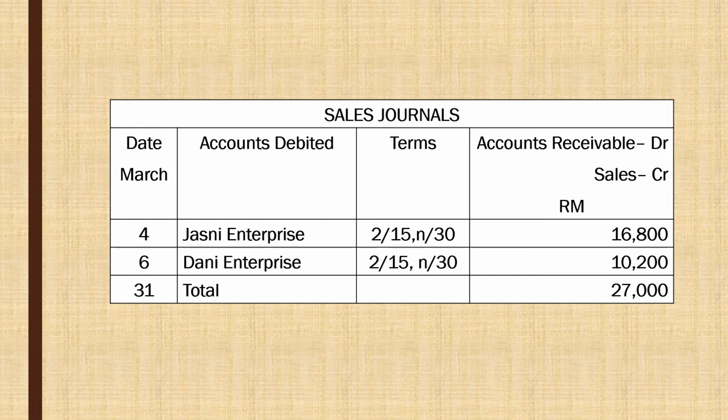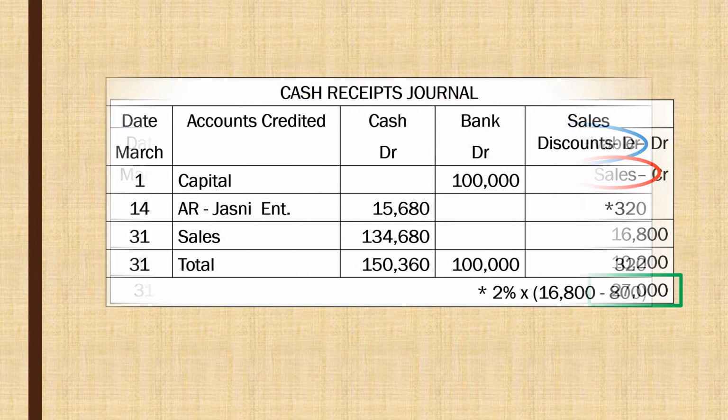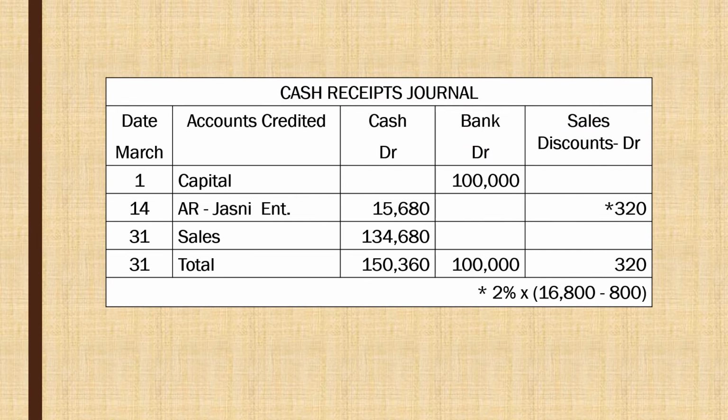In sales journal, we find that sales is on the credit side amounting to 27,000 for accounts receivable. In cash receipt journal, we find that sales is on the credit side amounting to 134,680 for cash.